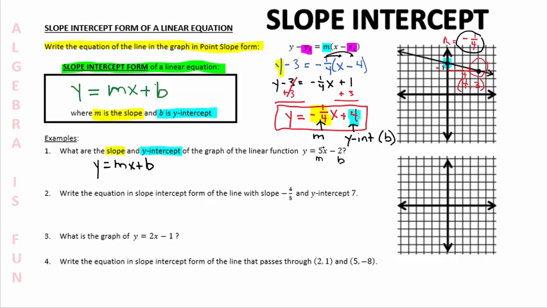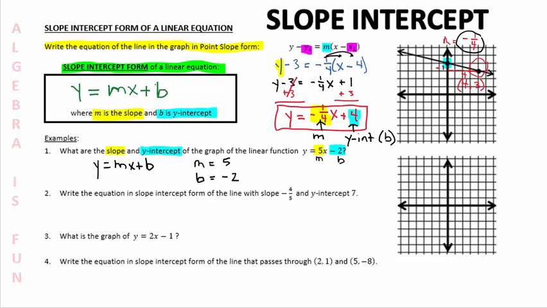So my m, or my slope, is the number 5, and my b, or my y-intercept, is the number negative 2. So my slope is 5, and my y-intercept, or my b, is negative 2. Easy as that, okay?